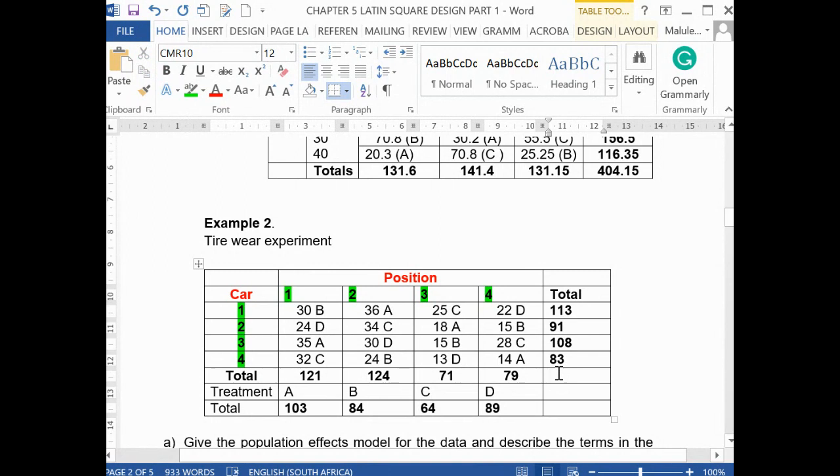Nomvela, when you add your totals, what are you getting? 395. Musibudi? So I think I made a mistake on C. It's fine. Correct it. Yeah, it's 119. When you add your totals, what are you getting?